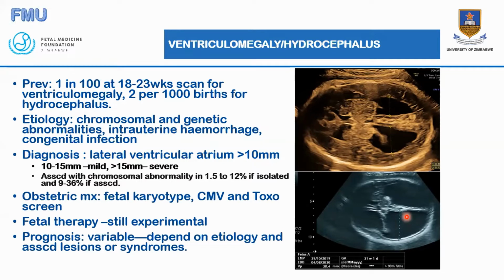So we counsel the woman that this is a condition that will lead to a severe handicap of the baby and will invariably need an operation called a shunt procedure, where the baby has to be operated on, followed by a number of complications lifelong. So in this case, termination of pregnancy is also offered as an option for women with this kind of abnormality, where it is severe and with clear destruction of brain parenchyma.